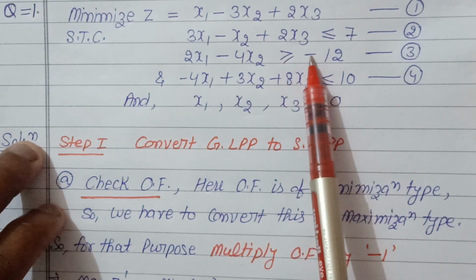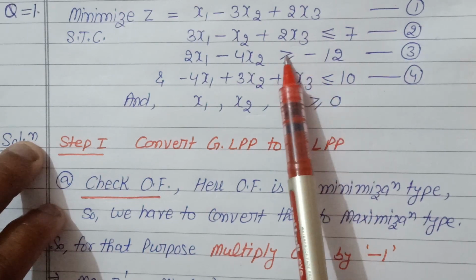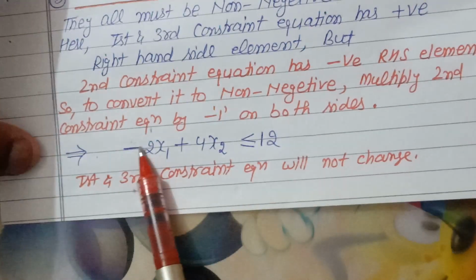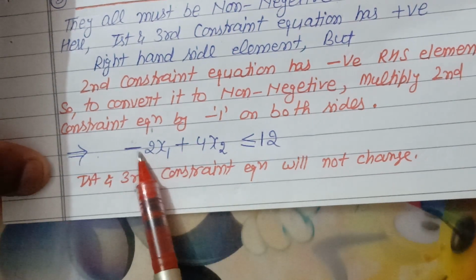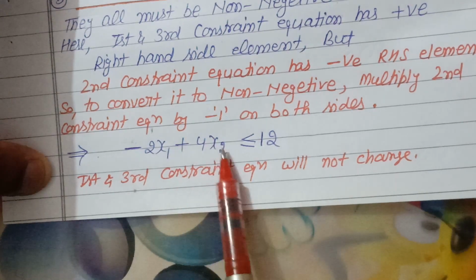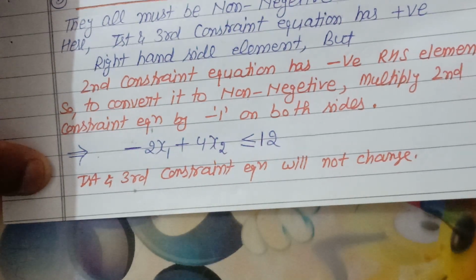So this will be converted to a positive value and this will be converted to less than or equal to type, as shown here. The second constraint equation will now become -2x1 plus 4x2 less than or equal to 12.